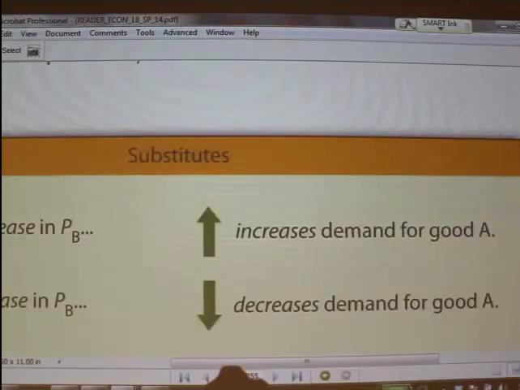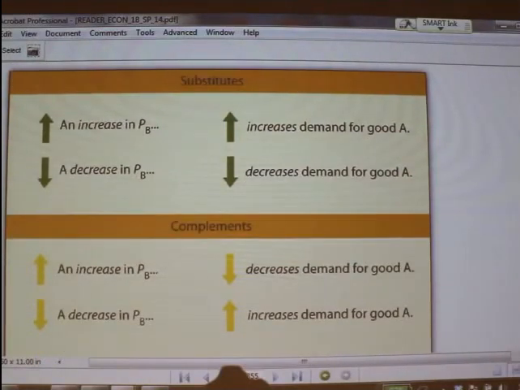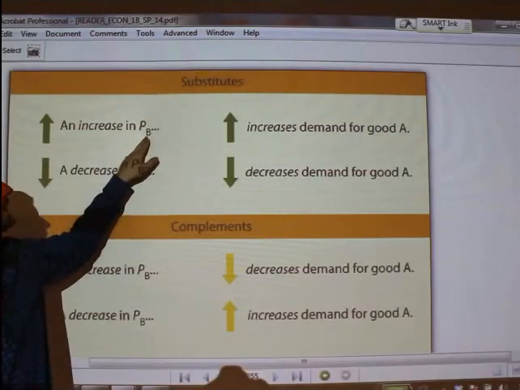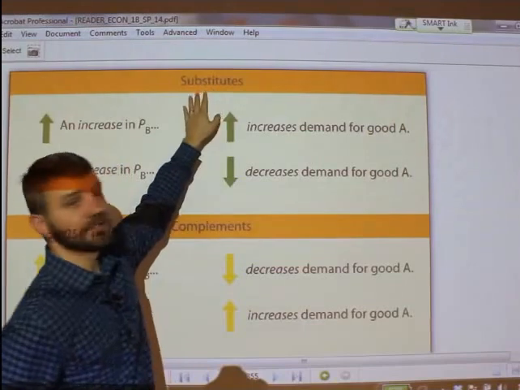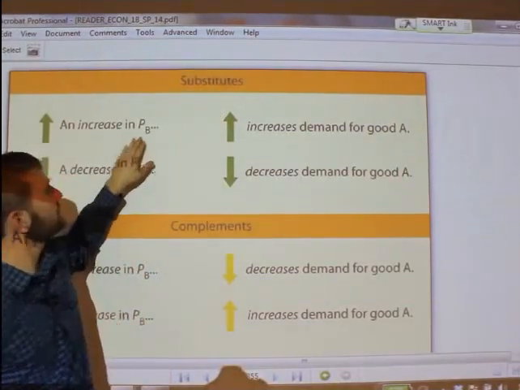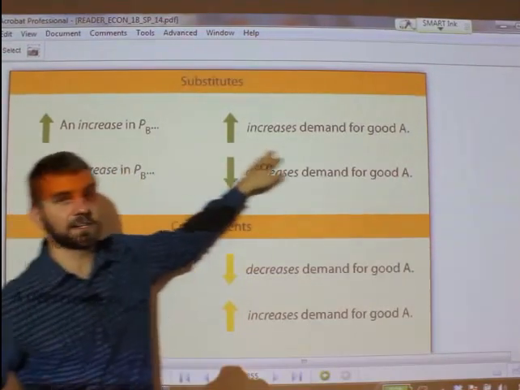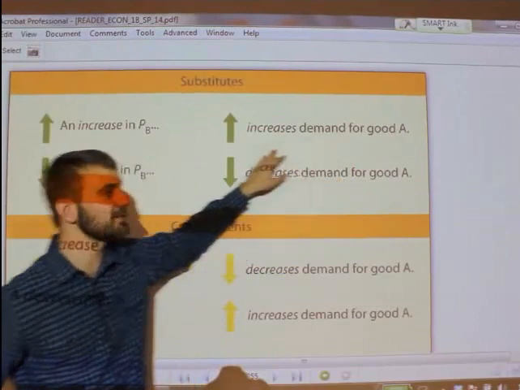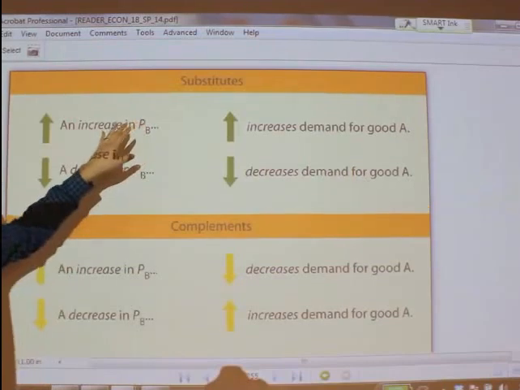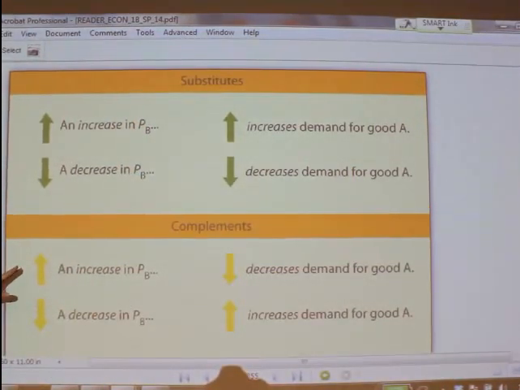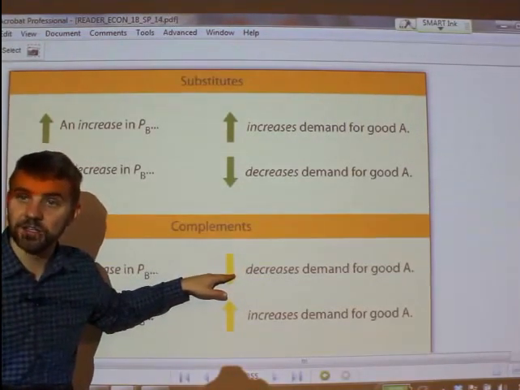And here is a handy figure that summarizes these differences. So if an increase in the price of good B caused an increase in demand for good A, then they are substitutes, right? So the price of gasoline goes up, that increases the demand for transit rides, and vice versa. So those are substitutes. But for complements like coffee and donuts, an increase in the price of coffee leads to a decrease in the demand for donuts.